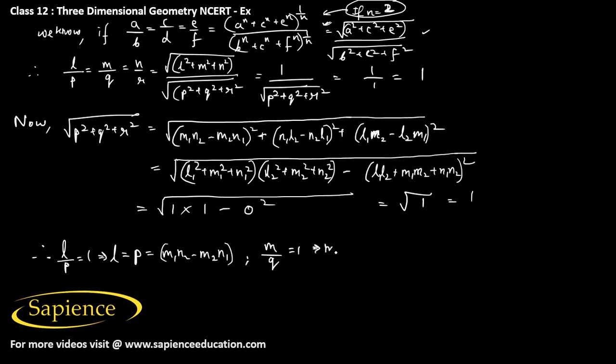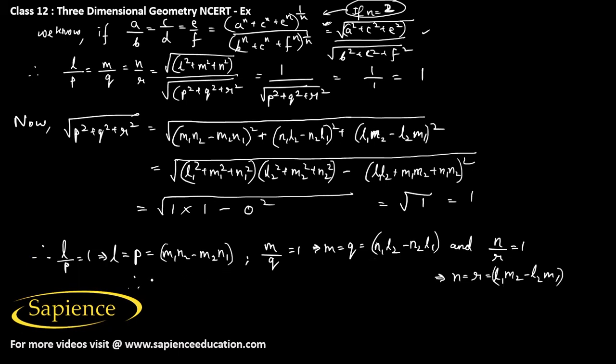So therefore m is equal to Q, which is equal to n1 l2 minus n2 l1. And n by R is also equal to 1. So therefore n will be equal to R, which is l1 m2 minus l2 m1. So therefore n is this, m is this, and l is this.